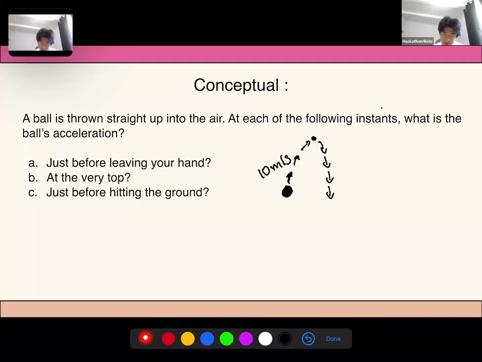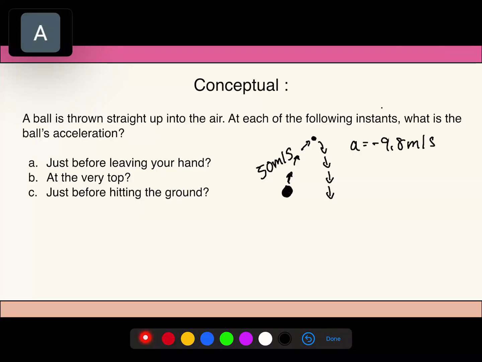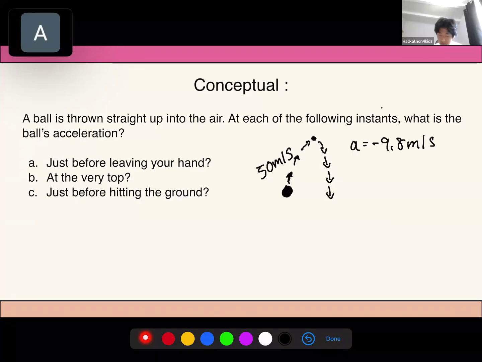But your acceleration going towards the ground is a equals negative 9.8. So when it starts going down, the velocity is going to be negative, because it's going down.